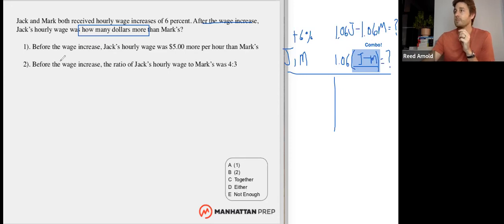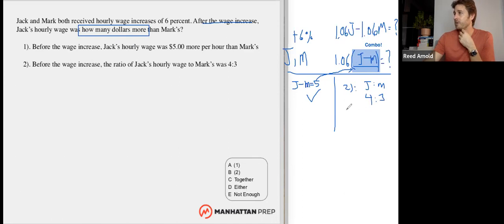And statement 1 tells me before the wage increase, Jack's wage was $5 more than Mark's. So J minus M is 5. And I can just plug that in right here and answer the question. That is sufficient. And statement 2 tells me that the original ratio of Jack to Mark is 4:3.